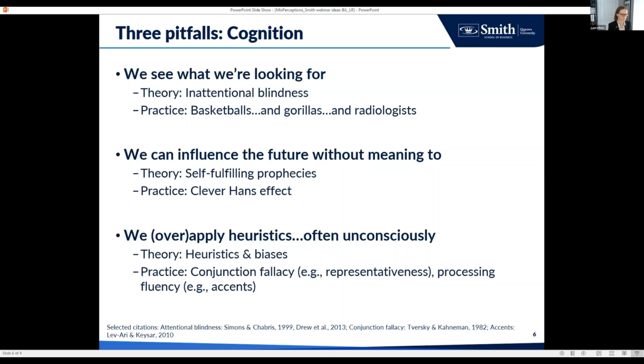Some excellent research on this that I wanted to share is actually a study from 2010. They looked at why and how non-native speech is harder to understand than native speech, and they used different accents. They had people judge trivia statements spoken in different accents.